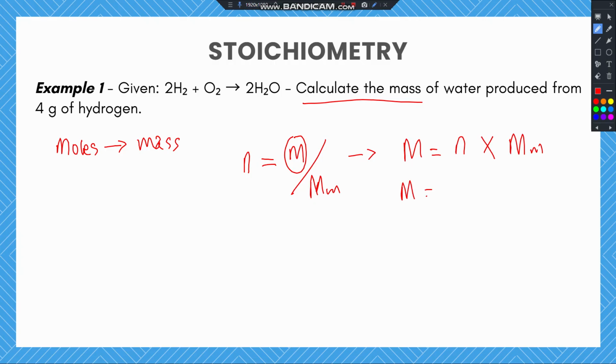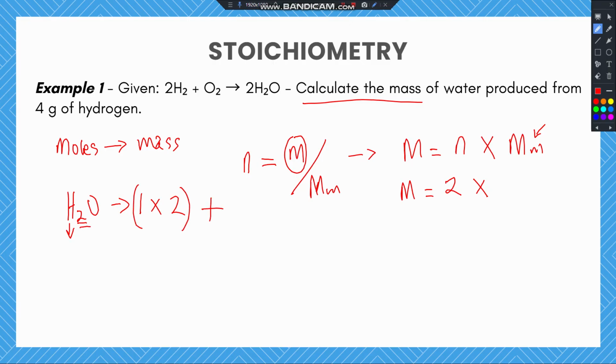So the mass of water will now become the number of moles of water. We calculated it to be 2 moles. So this becomes 2 times the molecular mass of water. What's the molecular mass of water? Water is H2O. So the molecular mass simply becomes the atomic mass of hydrogen, which is 1. This becomes 1 times 2 because there's a subscript of 2 here.